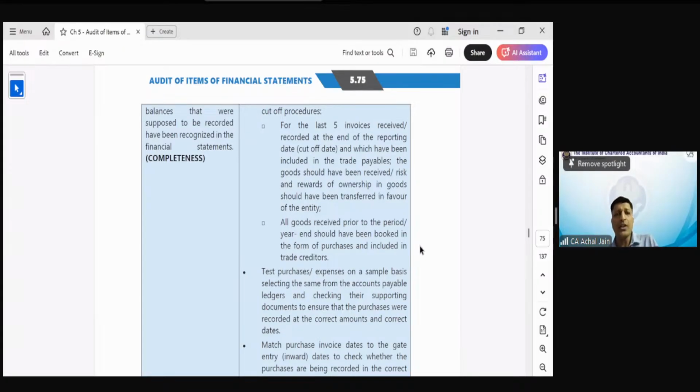You should not think that by default you'll always be looking at only five in number. It can be first 5 days, last 5 days, it can be first 10. So every time we need to check what is going to be the extent. Should you keep this extent only to last five and first five, or do you need to increase that? That can always be done. That is something which the auditor needs to evaluate.